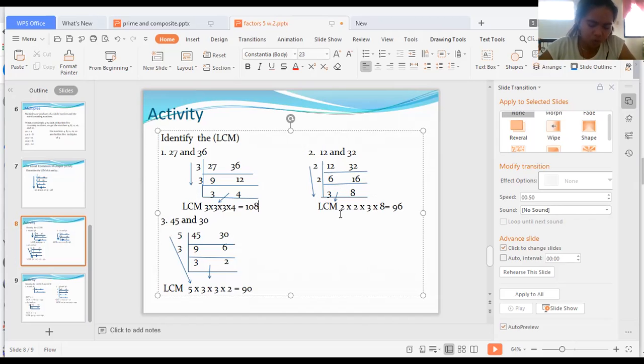So 2 times 2 is 4. 4 times 7 is 28. Then 28 times 8 is 224.